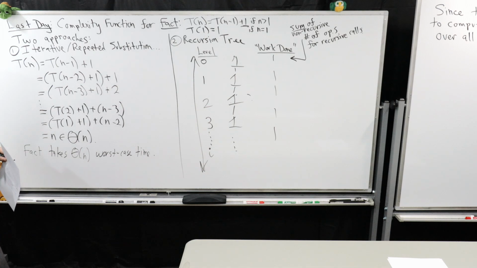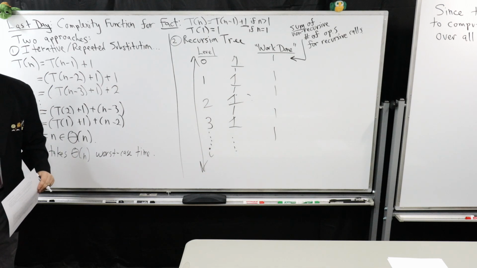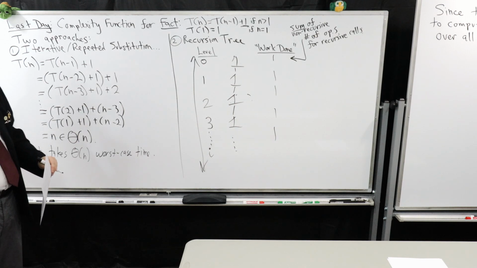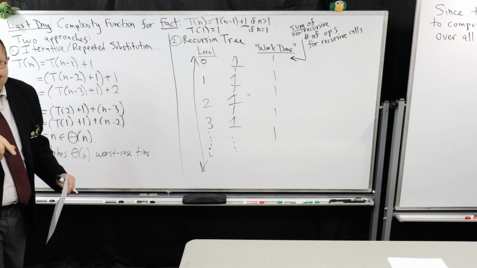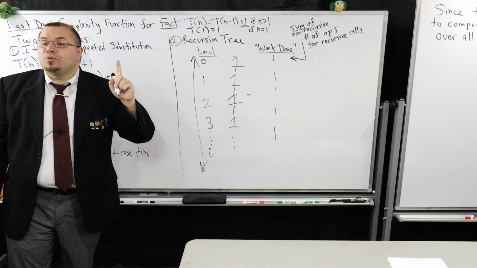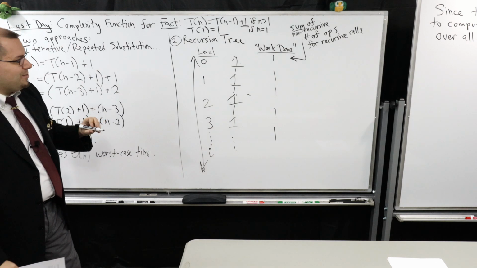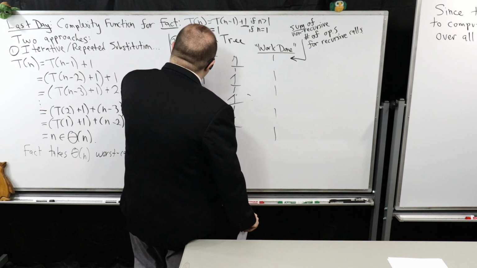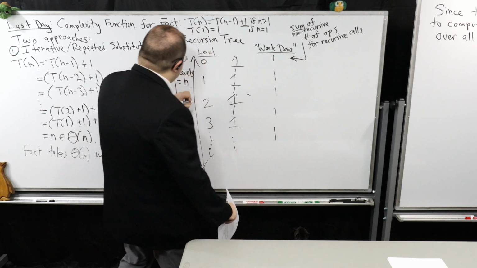Be exact about it. I will tell you it is not n. I'm looking for the height. It's n minus 1. Yeah, the height of this tree is n minus 1. But the number of levels in the tree is exactly equal to n.